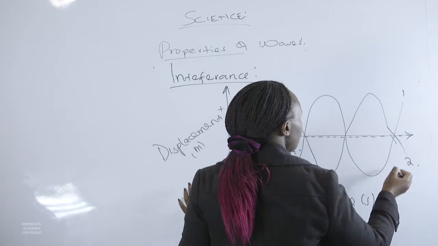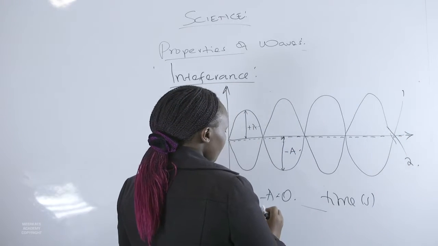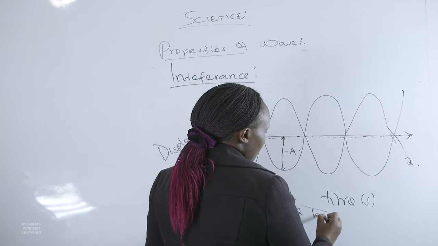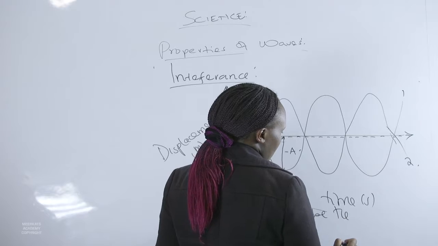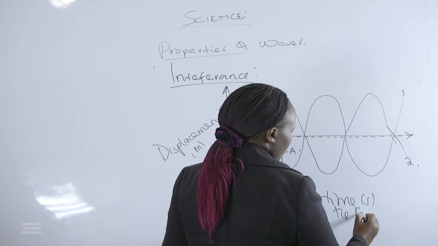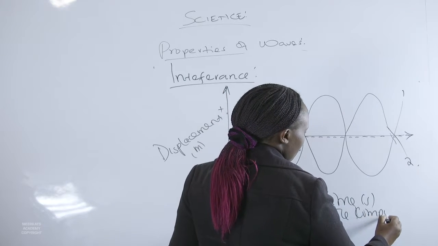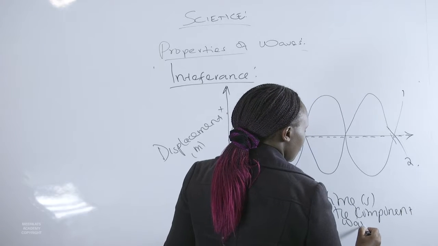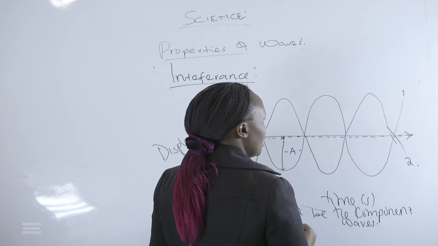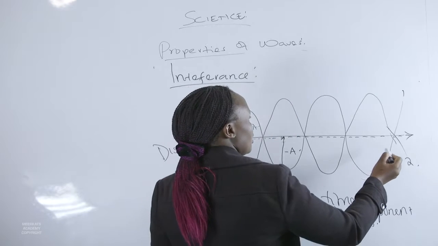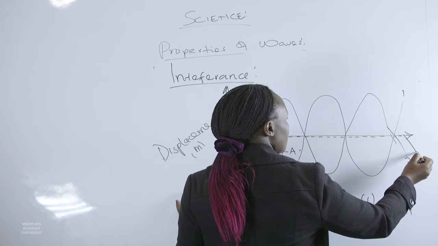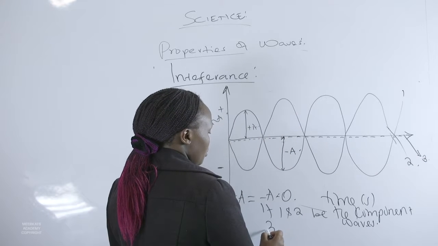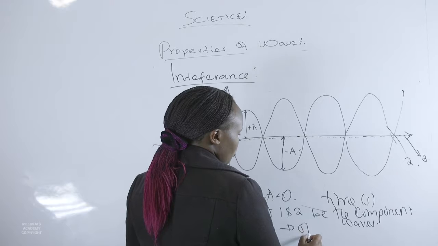So if 1 and 2 be the component waves, then the resultant wave, which we are going to call 3, will be a stationary wave.